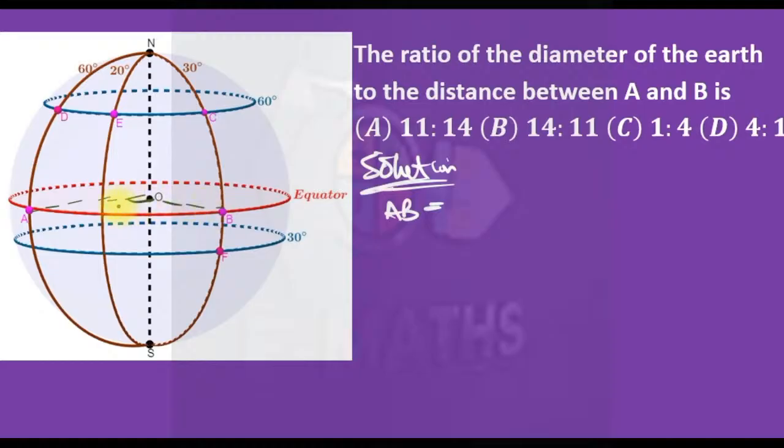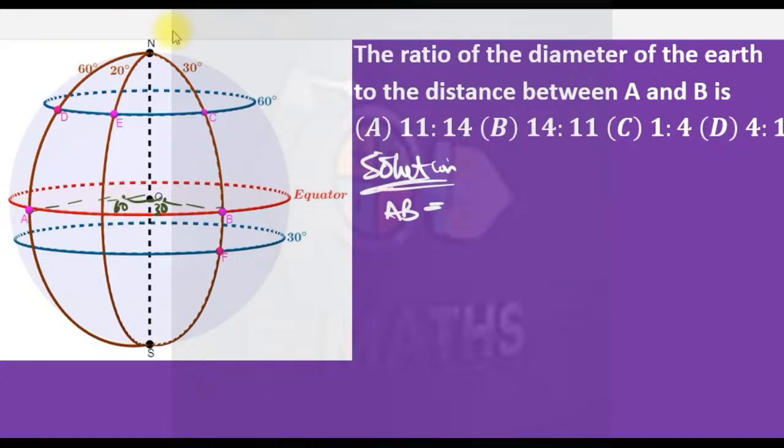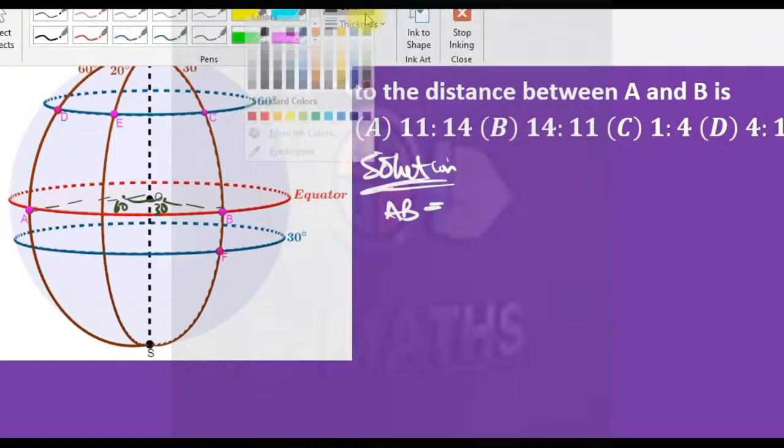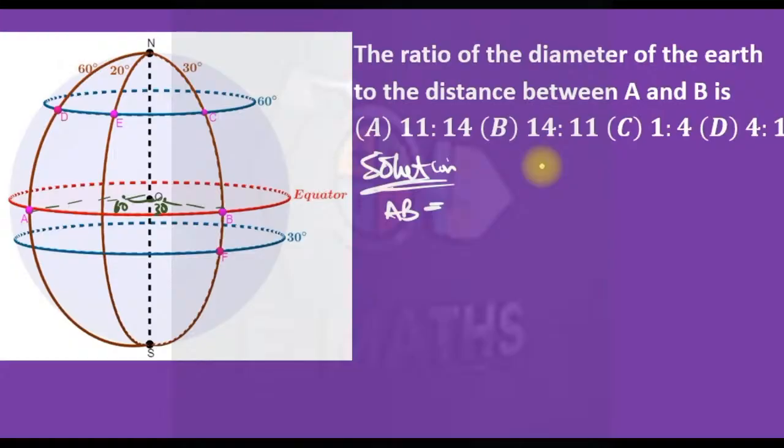So the angular difference, I have an arc something like this, this A and this B. The angle here is 60 plus 30, which is 90.